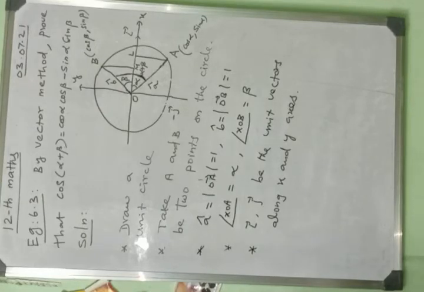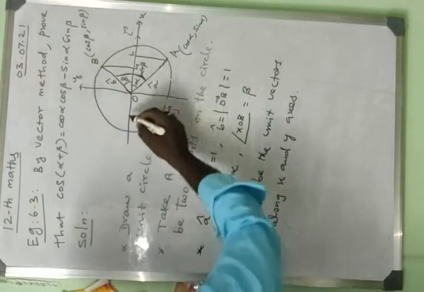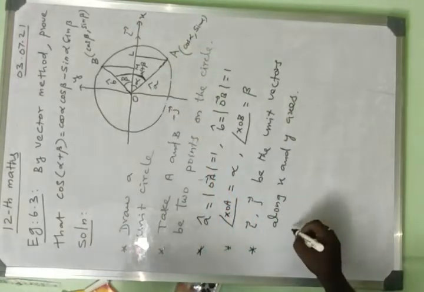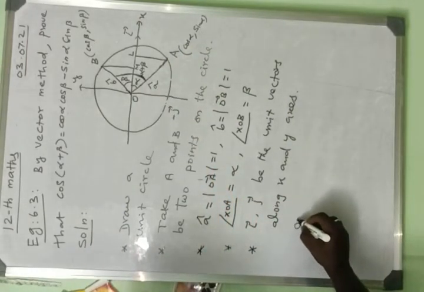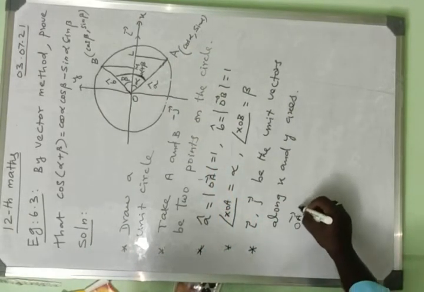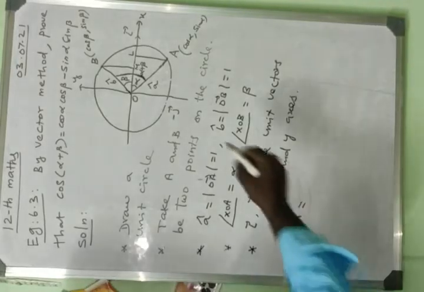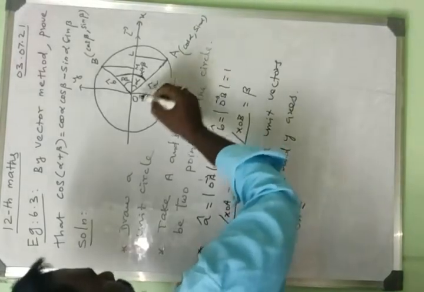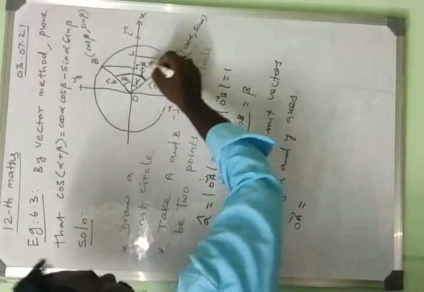Okay, next we take the line OA. Vector OA, in triangle AOL. This is one right angle triangle.